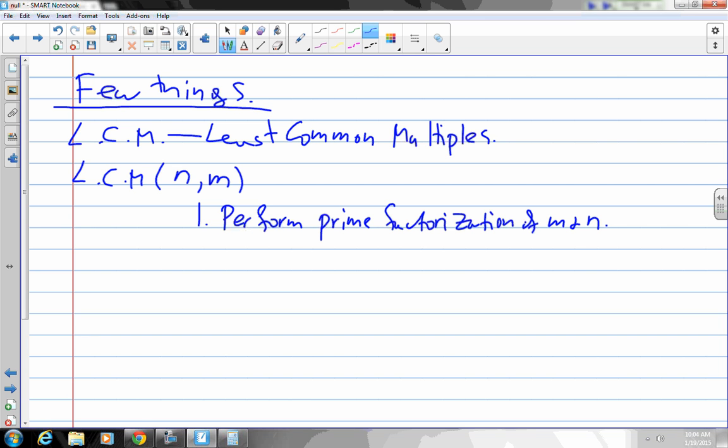So you break them down in primes. And 2, take each distinct prime raised to the highest power.